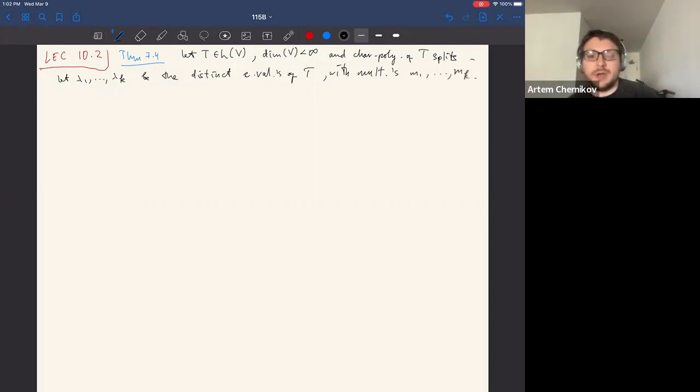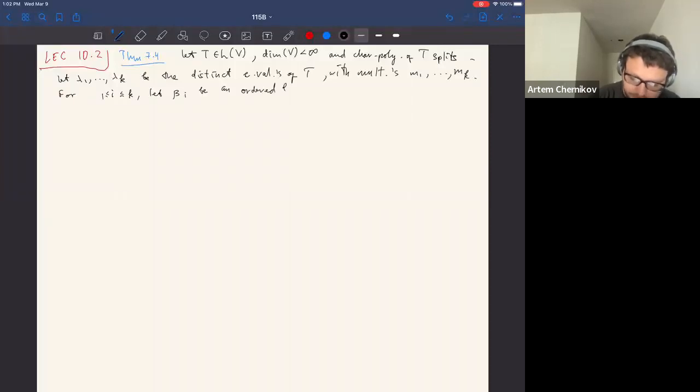So each eigenvalue comes with the corresponding multiplicity. And then for each i between 1 and k, we let beta i be an ordered basis for the generalized eigenspace K lambda i corresponding to lambda i.